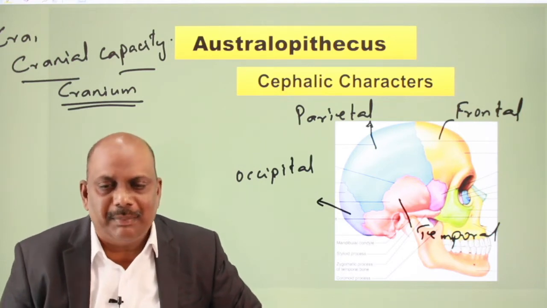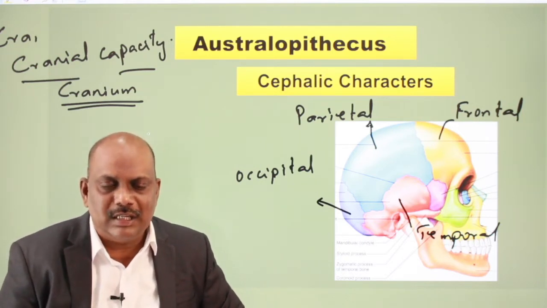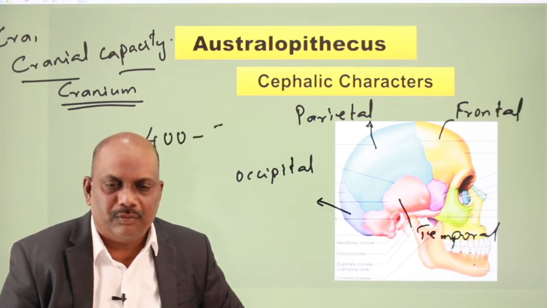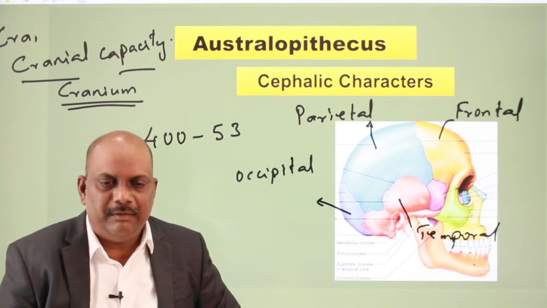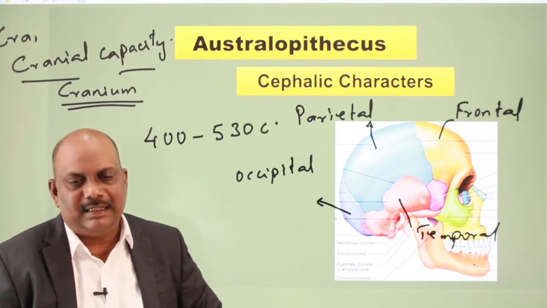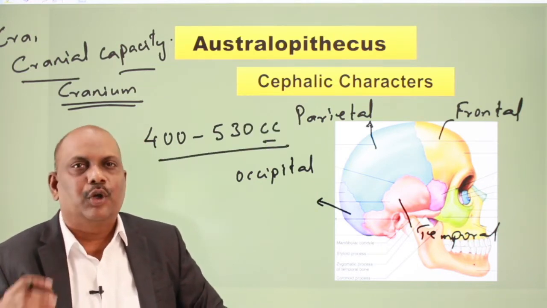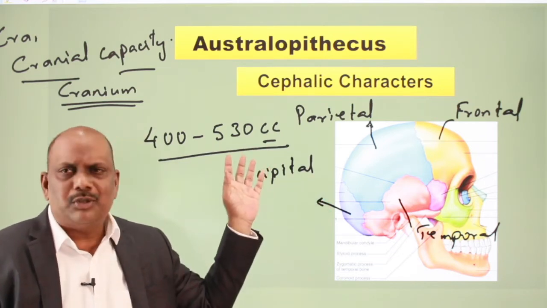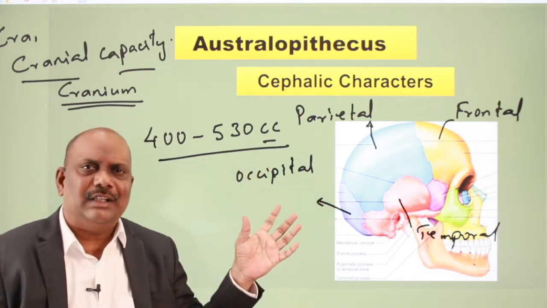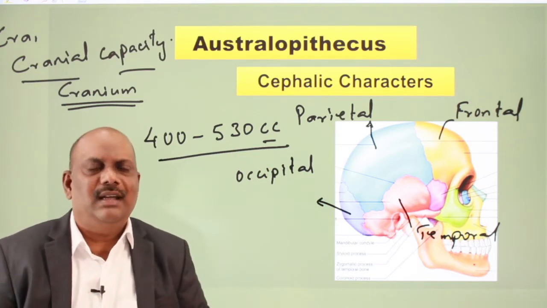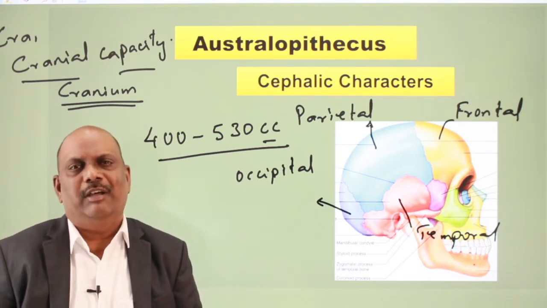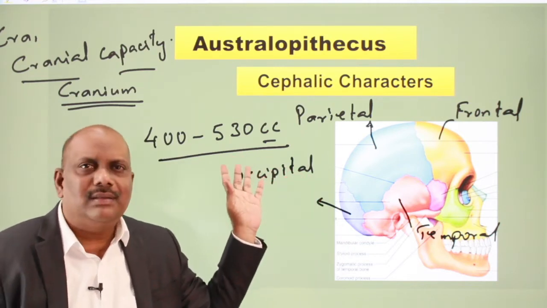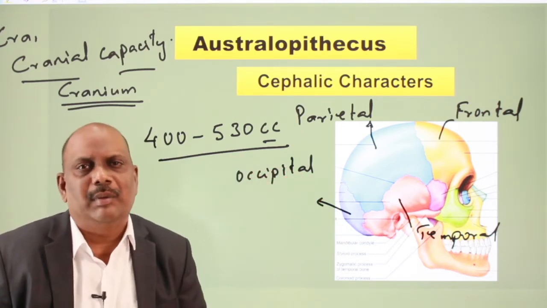The cranial capacity of Australopithecus ranges roughly between 400 to 530 cc, cubic centimeters. So this is just 1/3 the size of the human brain. Our cranial capacity is roughly around 1500 cc.